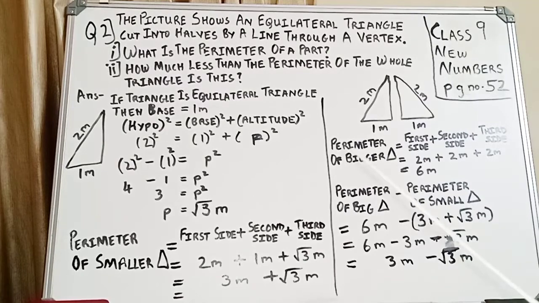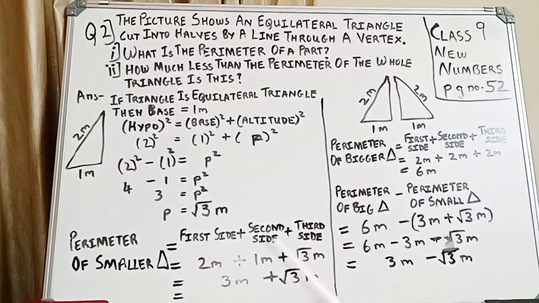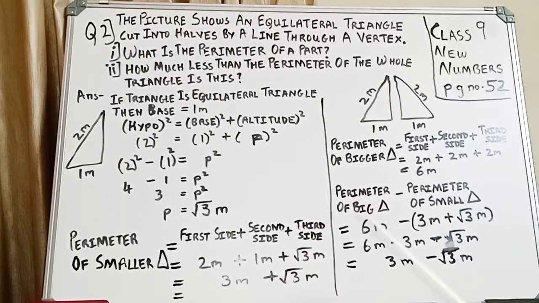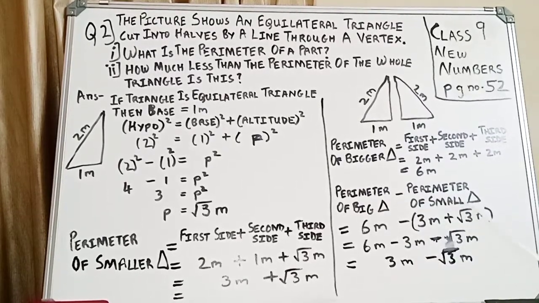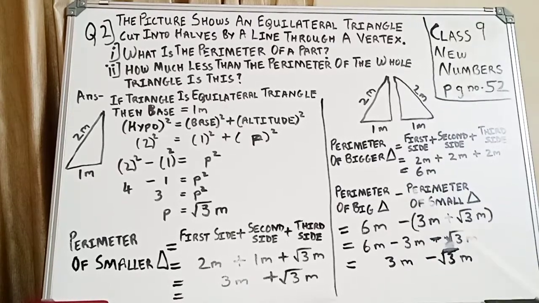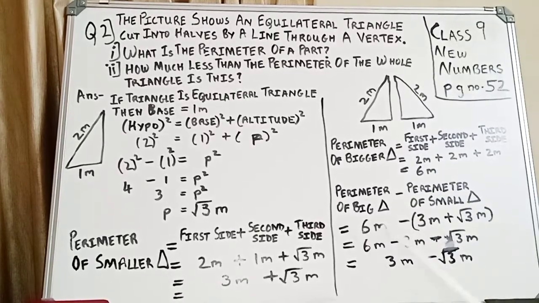Now you have to subtract the smaller triangle's perimeter from the bigger triangle's perimeter. So perimeter of the bigger triangle minus perimeter of the smaller triangle. We write down this 6 meter, which has come from here, minus this answer, 3 meters plus root 3 meters.